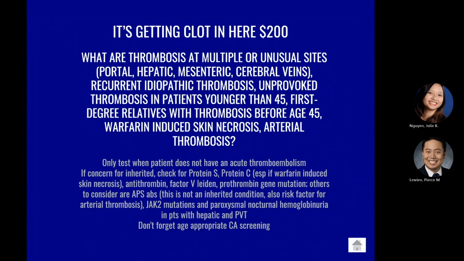So antiphospholipid syndrome comprises three different types of antibodies: lupus anticoagulant, beta-2 glycoprotein, and cardiolipin antibodies. It's risk stratified, so you have high-risk and low-risk antiphospholipid syndrome. High-risk is if you have two or more of those antibodies or a positive lupus anticoagulant. Patients with high-risk antiphospholipid syndrome need to be anticoagulated with warfarin. That's the clinical implication.